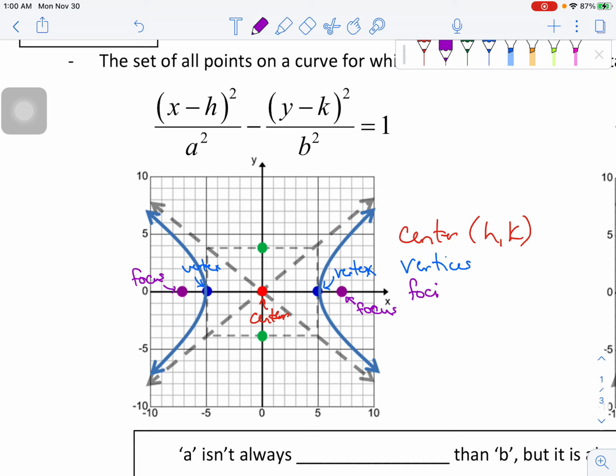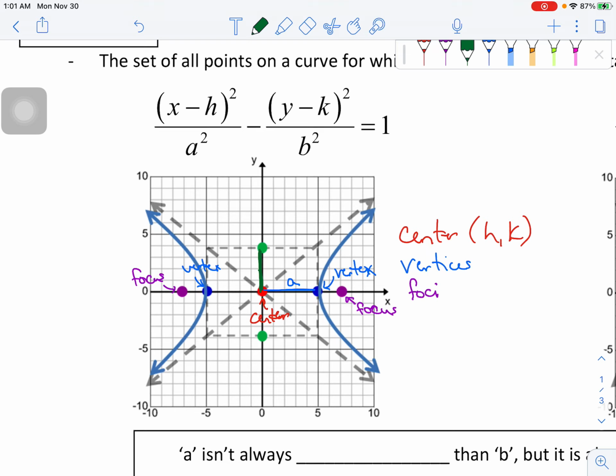And we also have the a, b, and c values. So got to be careful here. a is going to be the distance from the center to your vertex. So this is a. b is going to be the distance from the center to this, I don't know exactly what it's called, I think a complementary vertex or something to that effect.